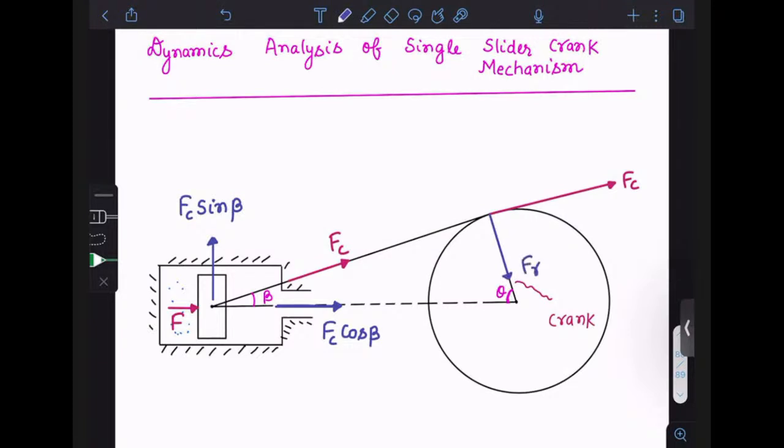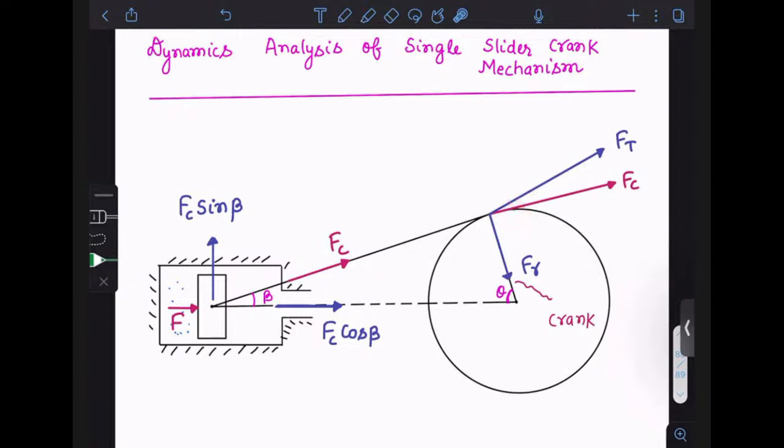And there will be one force in this direction. Right, everyone, remember that. This is called your tangential force. Actually, this angle is 90 degrees, right?